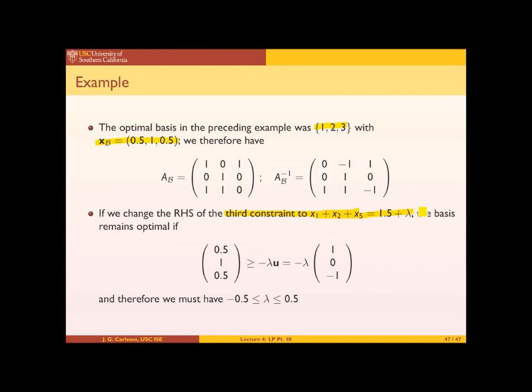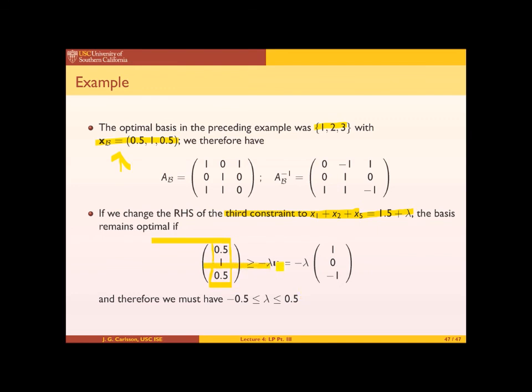We want to know how much we can vary lambda so that this basis doesn't change. You do the same thing you did before. It has to be true that x sub b, the basic values, which are 1/2, 1, and 1/2, same as I had written up there, has to be greater than or equal to minus lambda times u.